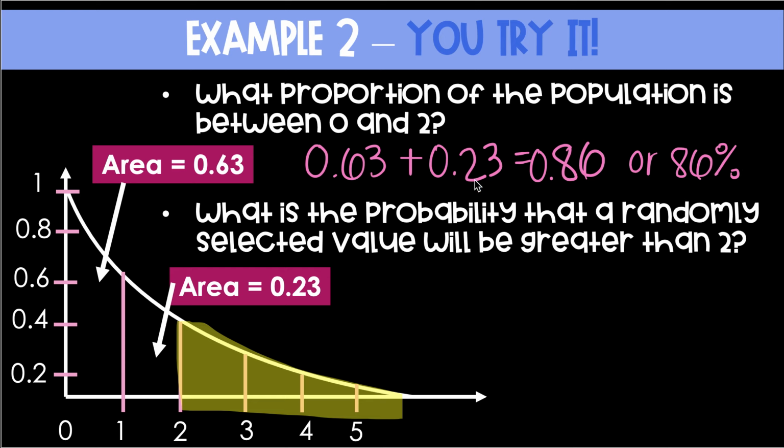What I can do is subtract 0.86 from 1, and it will give me the area that I'm missing, the complement of the area between 0 and 2. So the probability that a randomly selected value will be greater than 2 is 0.14 or 14%.